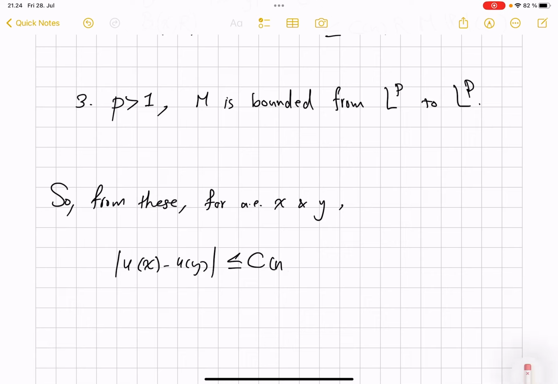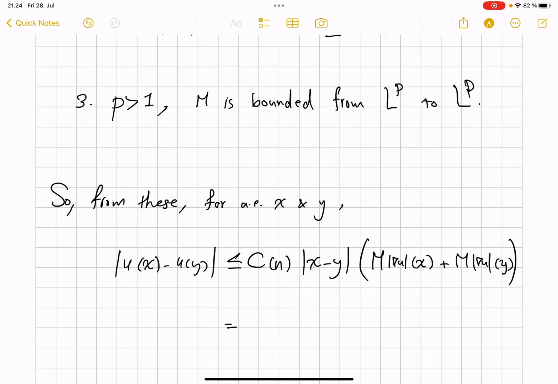You take a ball whose radius is comparable to |x minus y|, that's where that comes from. Then this will be the maximal function of gradient of u evaluated at x, plus, by symmetry, the maximal function of gradient u evaluated at y.